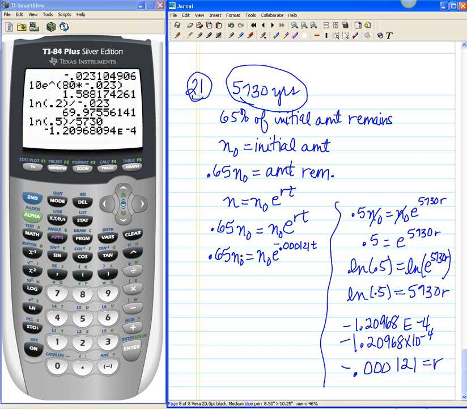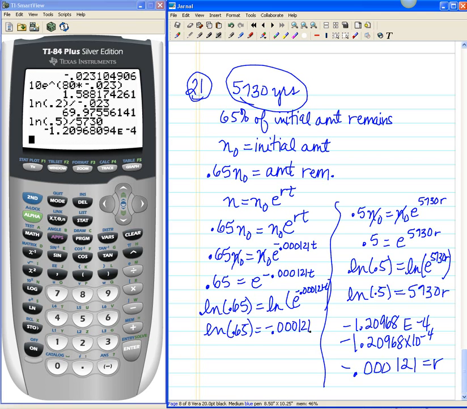So now we can divide both sides by the N sub 0. So we get 0.65 is equal to e to the negative 0.000121t. And then using our natural log, thank goodness for the natural log, that brings this exponent down. So we get natural log of 0.65 is equal to whatever this coefficient or exponent was, 0.000121t.